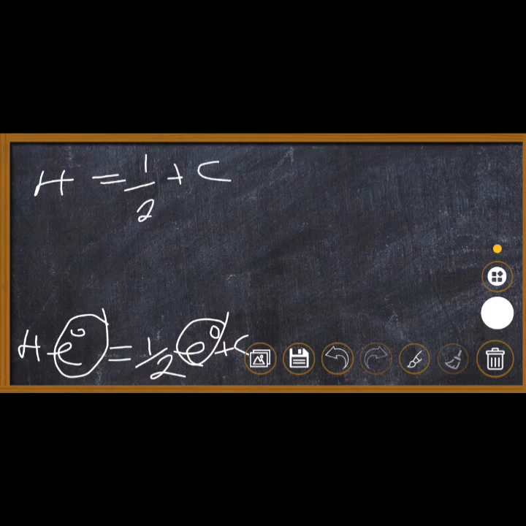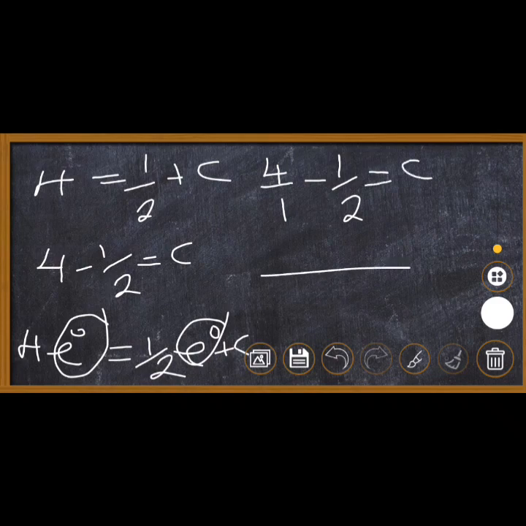So finding the value of constant c, we know that this half will come to the left side, and when it comes to the left side, it's going to be negative. So we're going to have 4 minus half, and here we remain with constant c. This is the same as 4 over 1, because 1 into 4 is just 4. For the sake of finding the fractions, the common denominator of 1 and 2 is just 2.